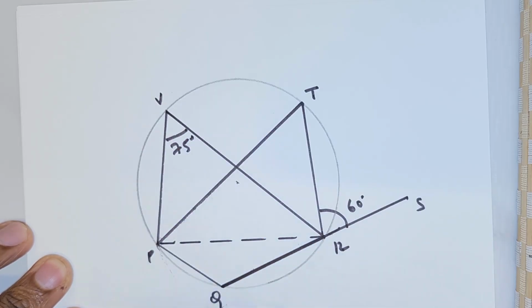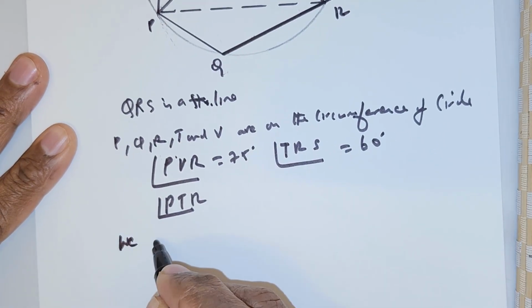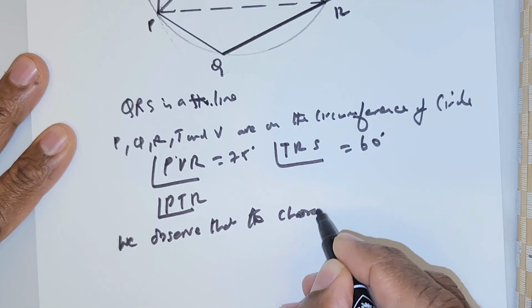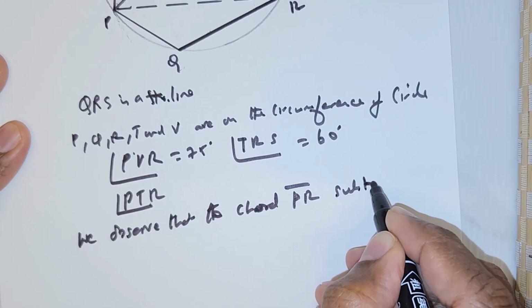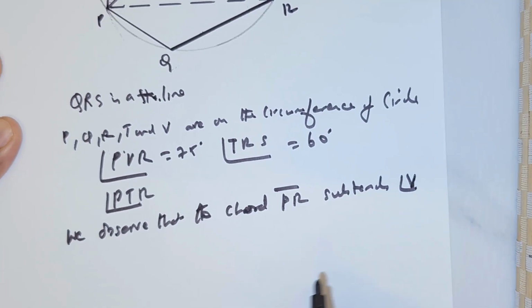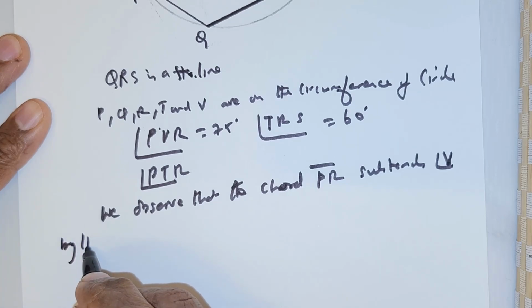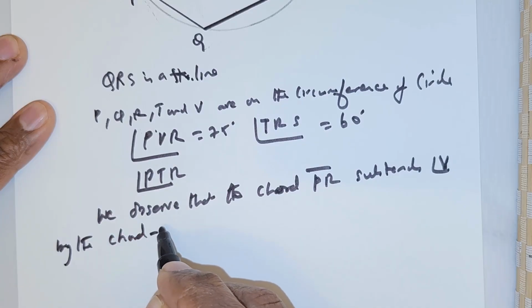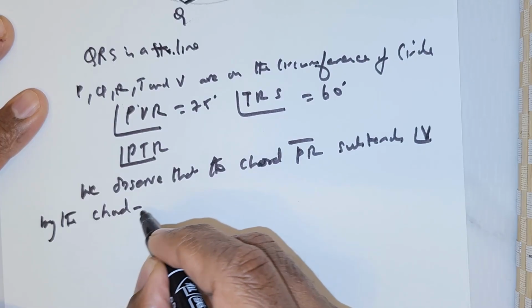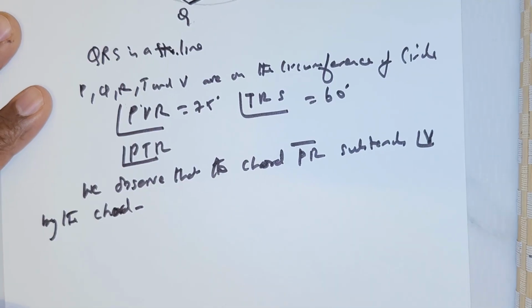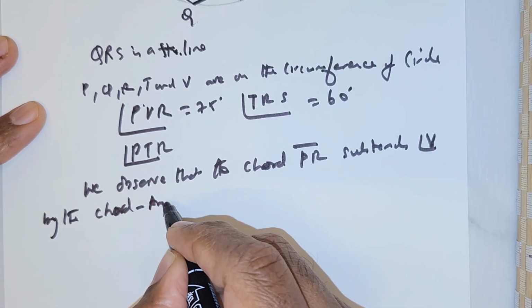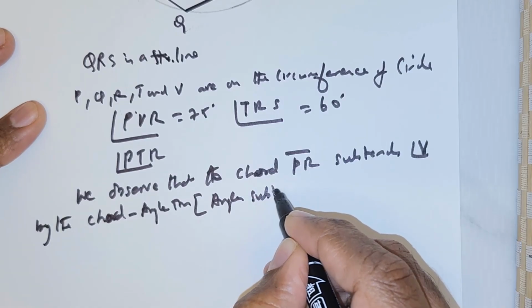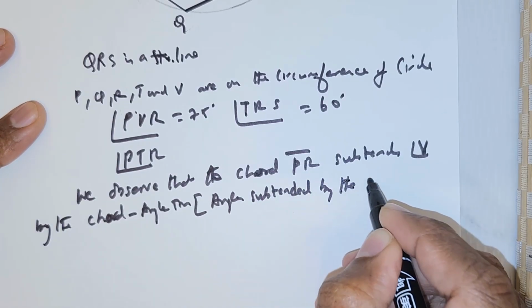PR subtends the angle at V. We observe that the chord PR subtends angle V by the chord angle theorem, or angle subtended by the chord theorem.